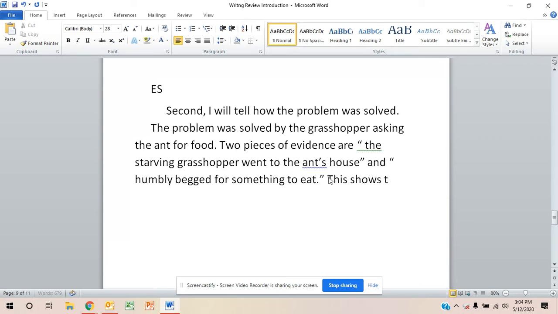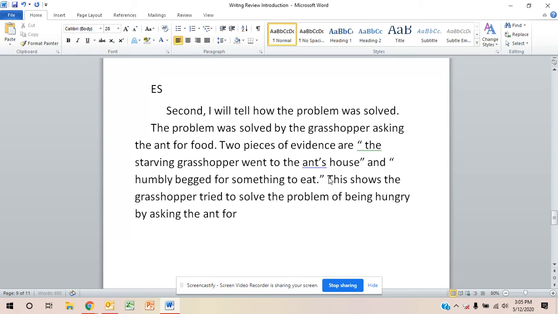This shows the grasshopper tried to solve the problem of being hungry by asking the ant for some food. We know that he was hungry, so that was his problem before.